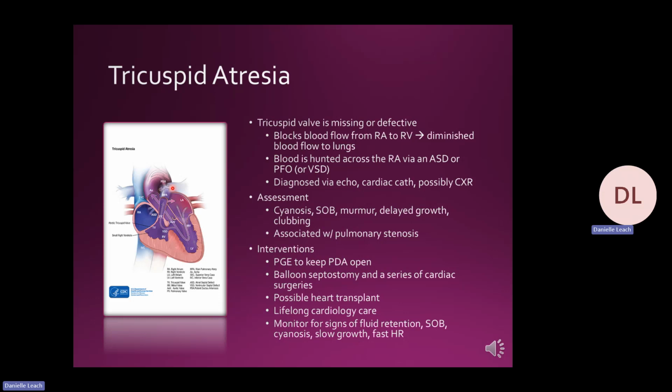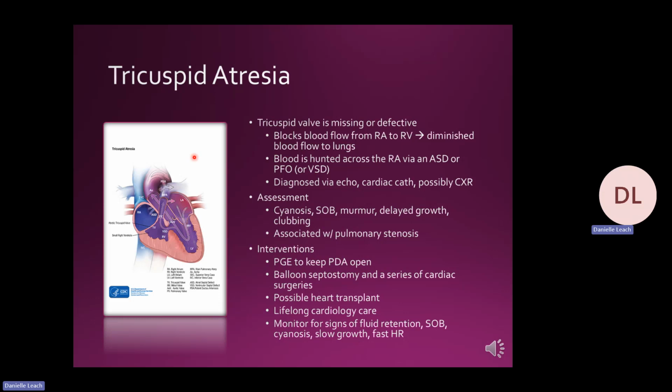This can be diagnosed via an echocardiogram, a cardiac cath, or possibly sometimes on chest x-ray. Symptoms that a child could have with tricuspid atresia: they could be cyanotic because enough blood isn't getting to the lungs to be oxygenated. And if they have a VSD or some of these other defects, we have mixing that's going to the body.